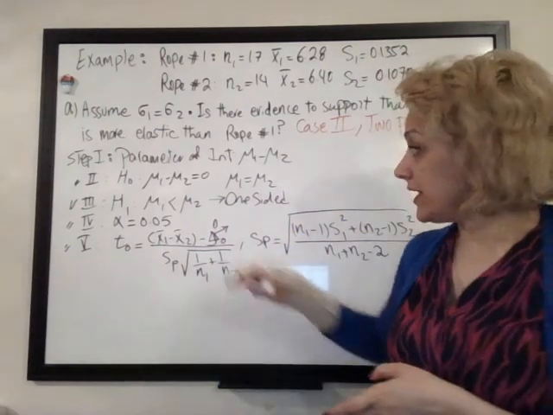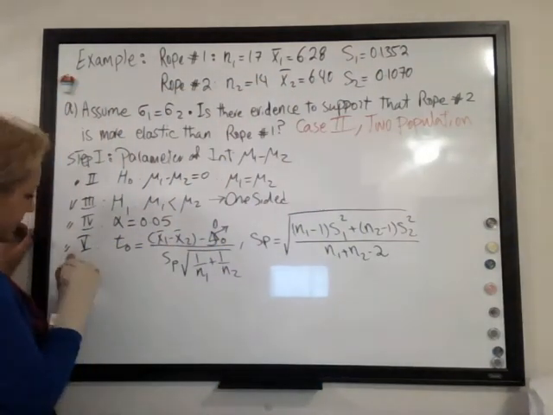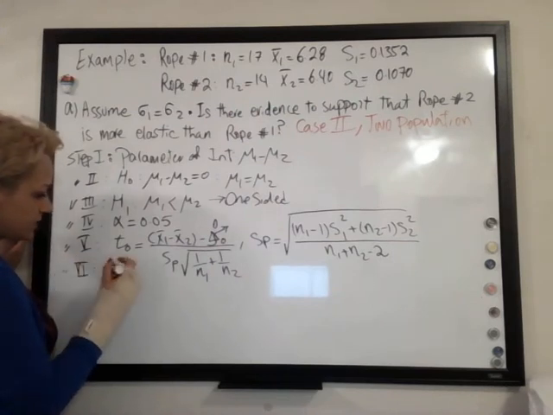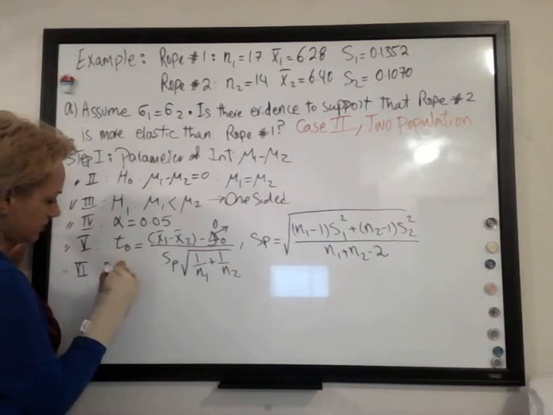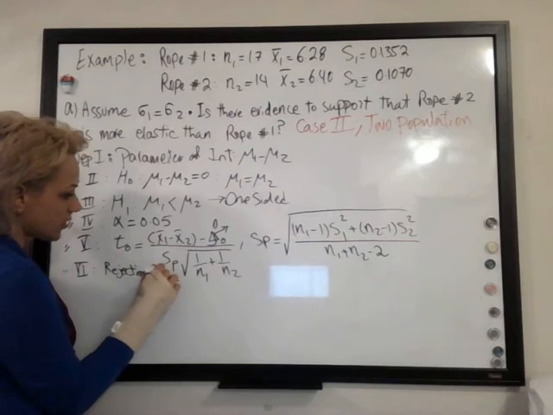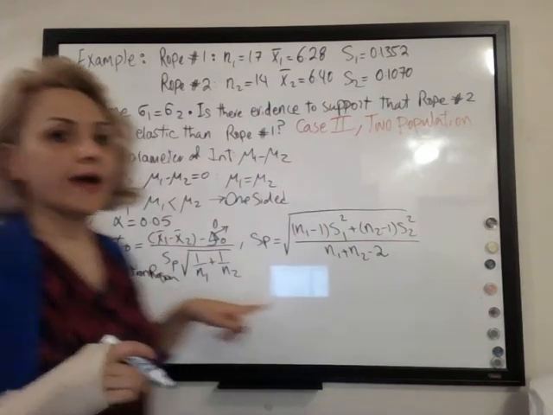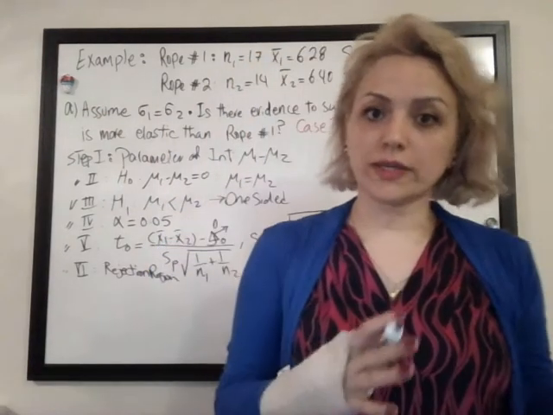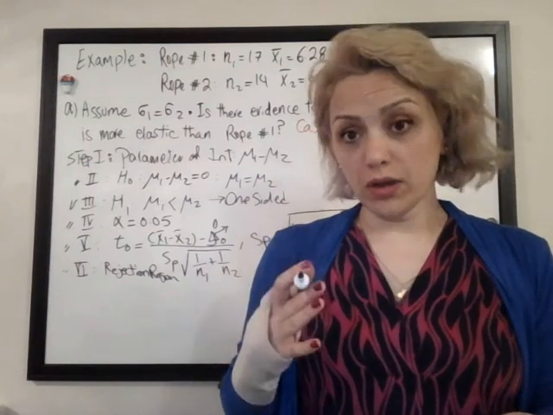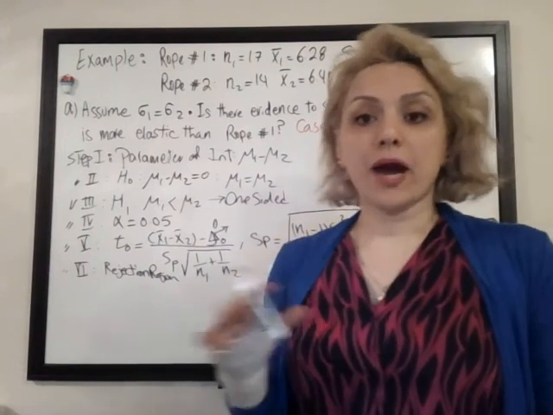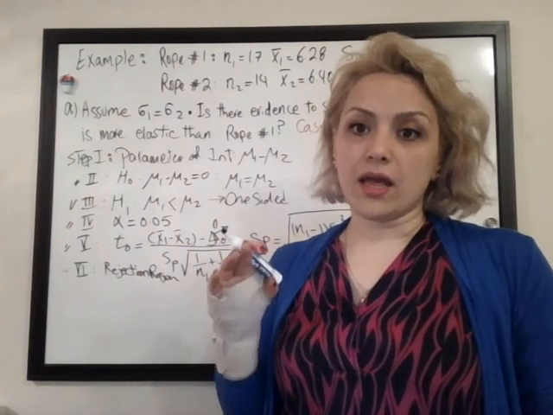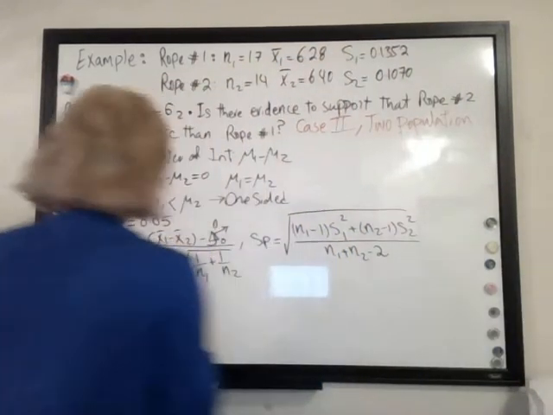And then the next, step number 6, is the rejection region. It's very similar to the one that we had before. We reject the null hypothesis if T observed is less than minus T at alpha and the degrees of freedom.